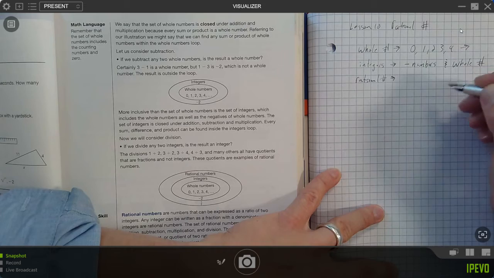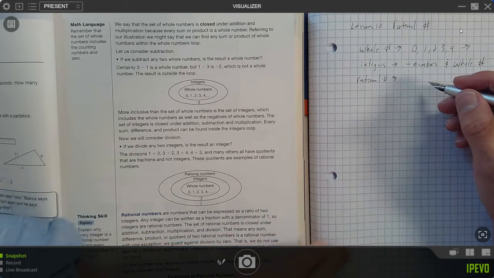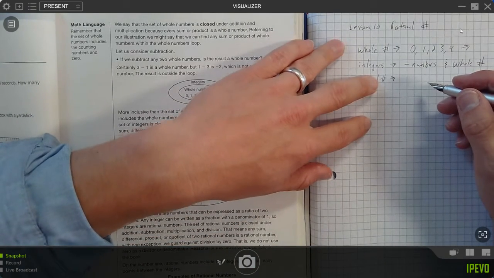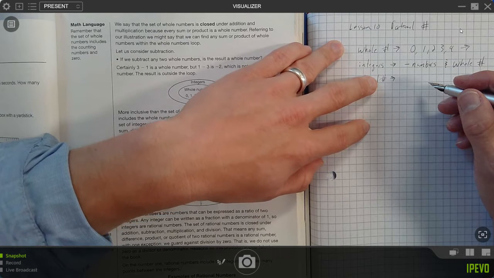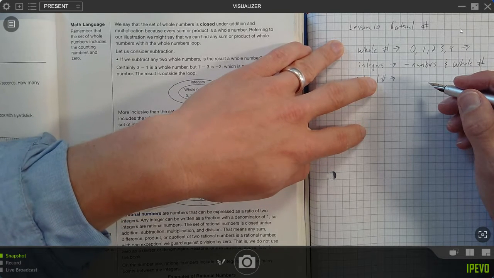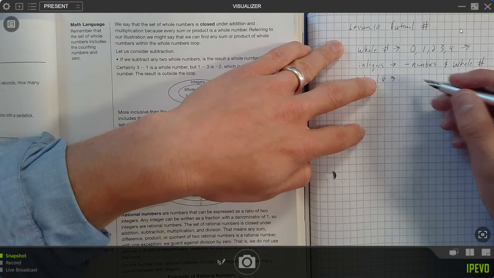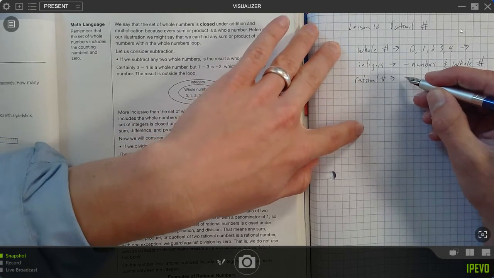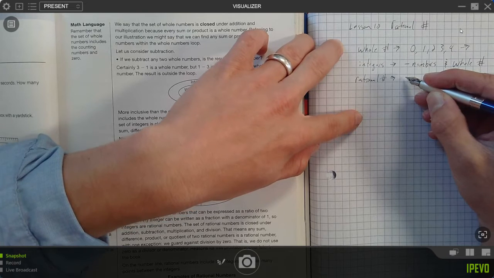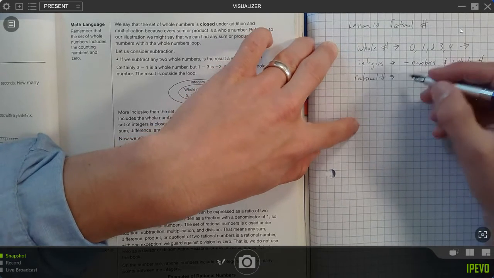And that includes many fractions. Okay. A rational number is a number that can be set. Rational numbers include fractions, essentially.